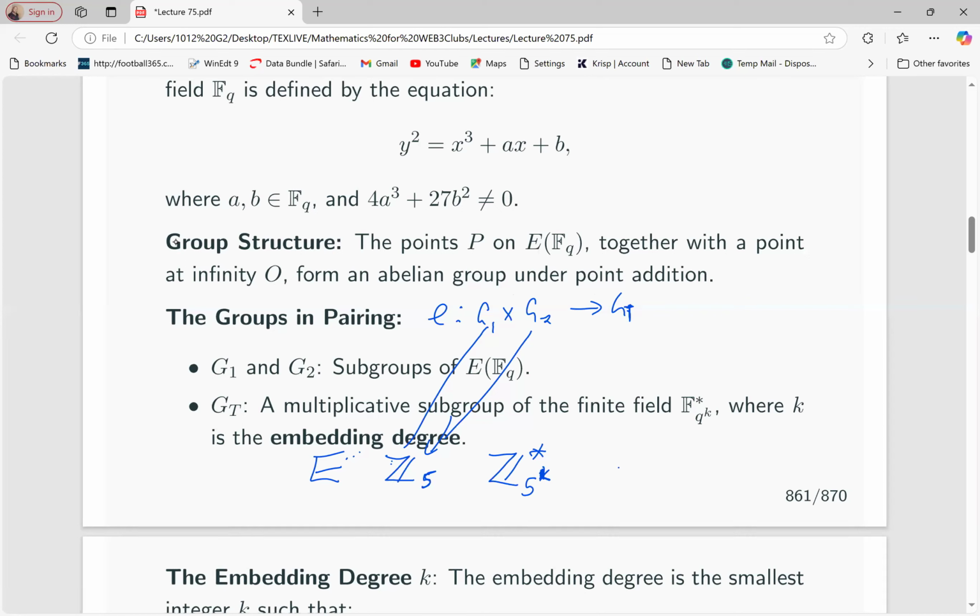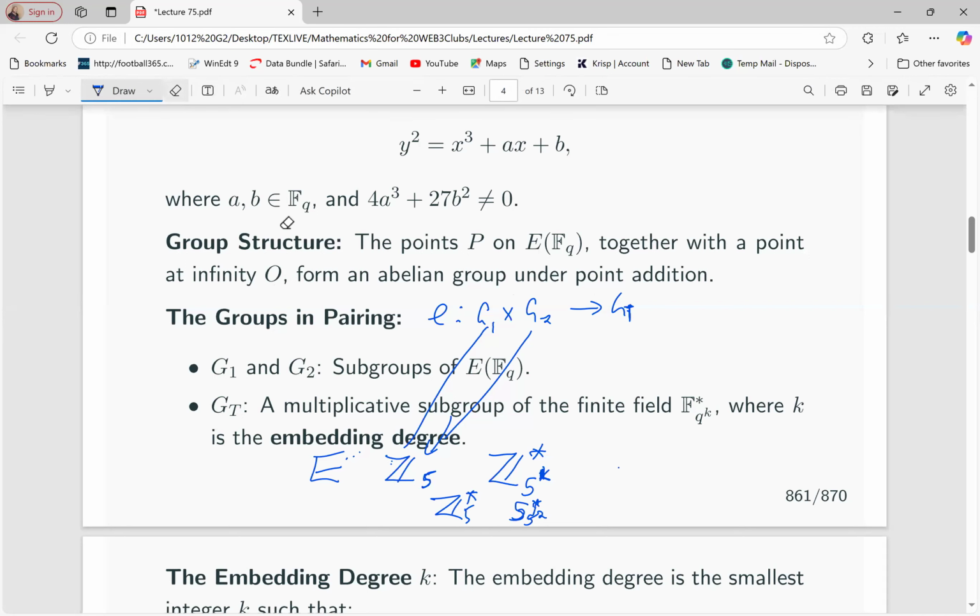If K is 1, then we're just talking about Z5 star. If K is 2, we are talking about Z5 raised to 2 star, and so on. So this K is what we call the embedding degree.